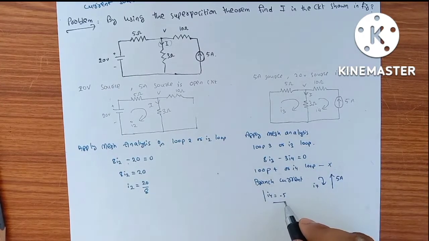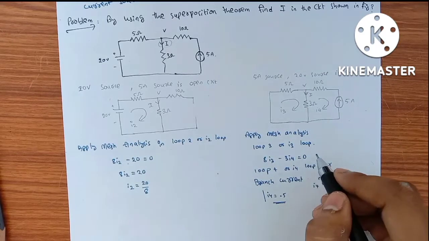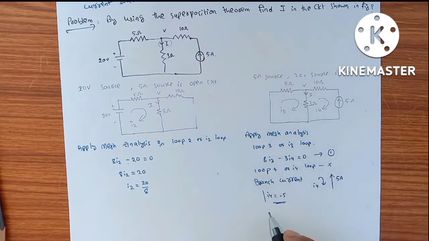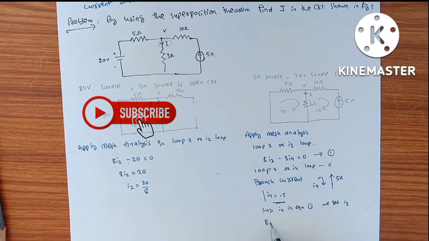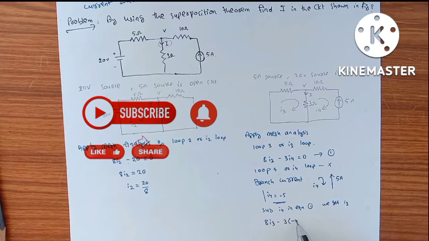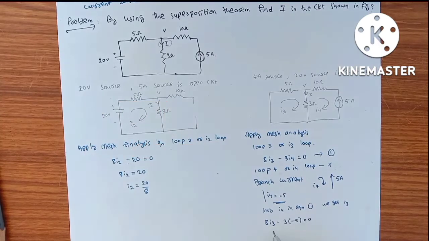Substituting this in equation 1, we get 8 I3 minus 3 of minus 5 equals 0, so 8 I3 plus 15 equals 0, and I3 equals minus 15 by 8.